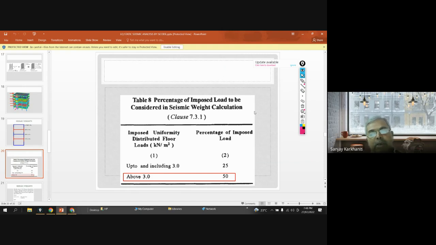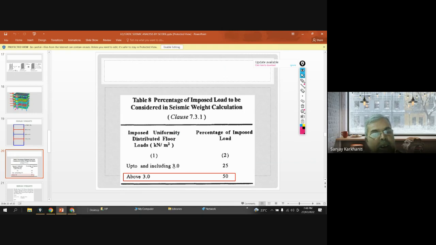Only whenever you are going to calculate seismic weight, for calculation of seismic weight only, this clause is applicable. And what is that clause? You can read it over here.